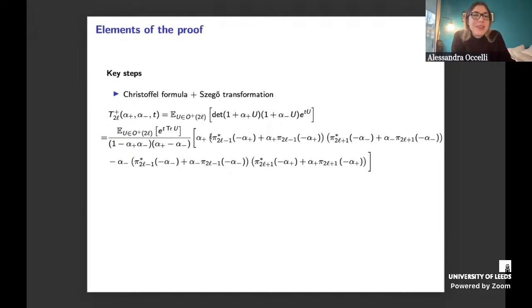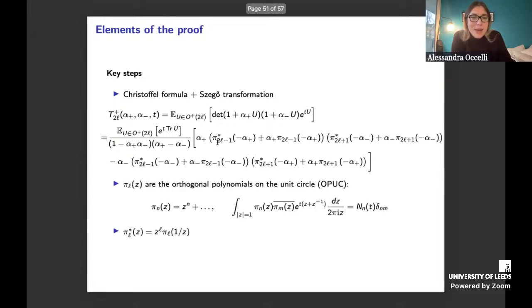Then you want to express everything in terms of these pi, which are the orthogonal polynomials on the unit circle, basically monic orthogonal polynomials that have this orthogonality relation with respect to the measure e to the t(z plus z minus 1), dz divided by 2 pi i z. And so now you have this expectation of e to the t trace of u, which will be much simpler to study.